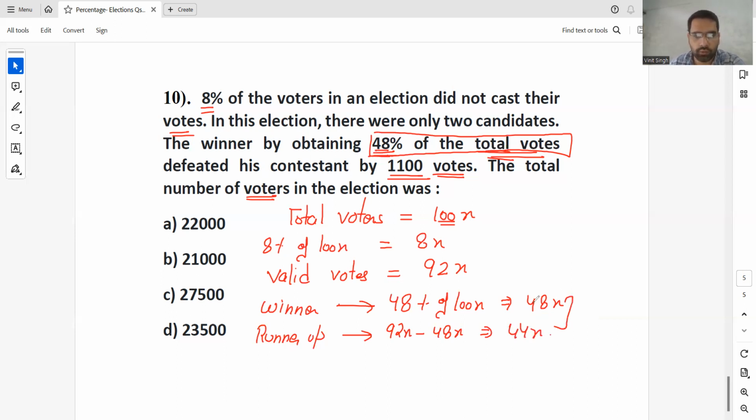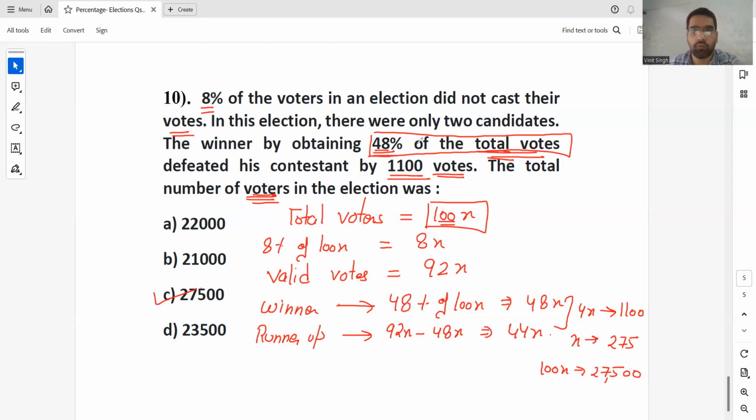Now the difference between winner and runner-up is 4x, which is 1100. So x is equal to 275. We have to find the total voters, which is 100x, equal to 27,500. Clear?